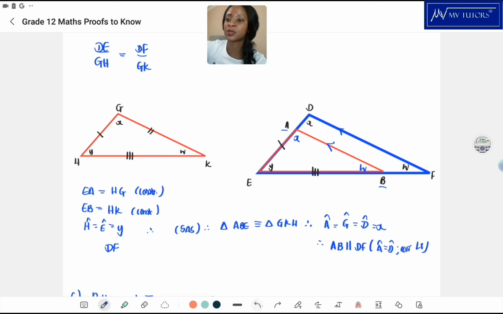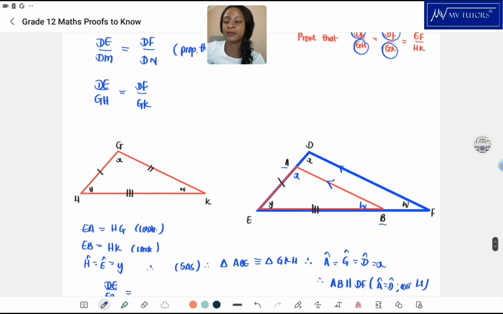Let me put it this way. I could say DE. I can use DE because now there's proportionality. So I could say DE over EA is actually equal to EF.